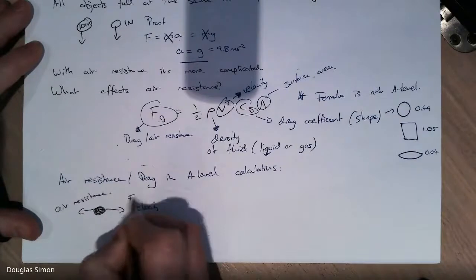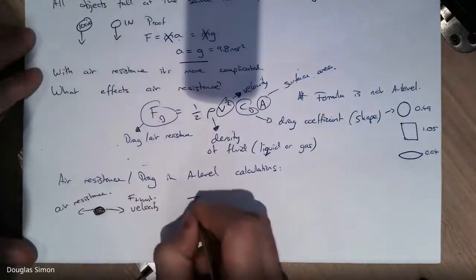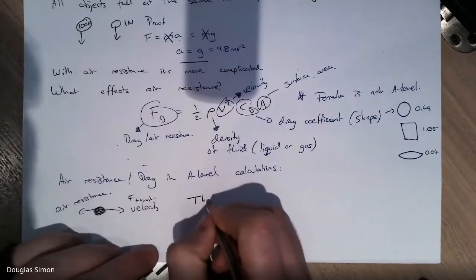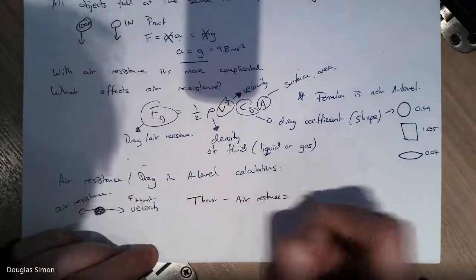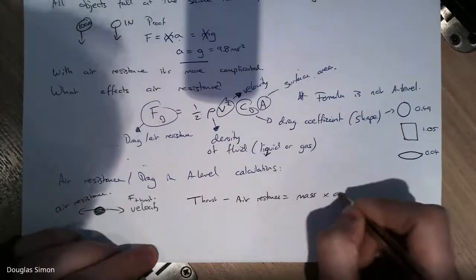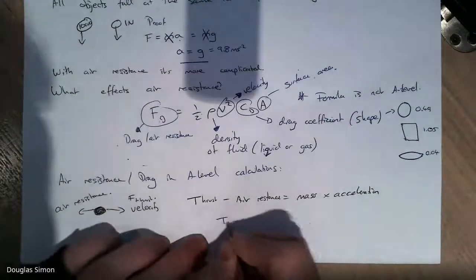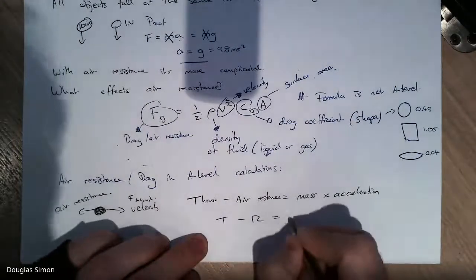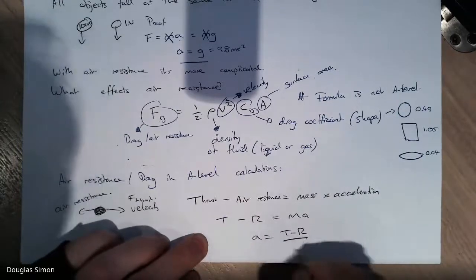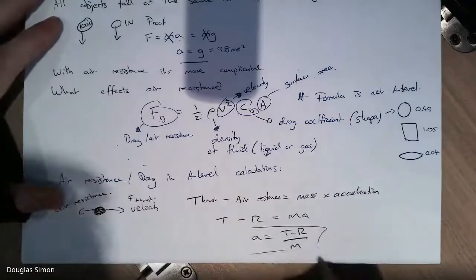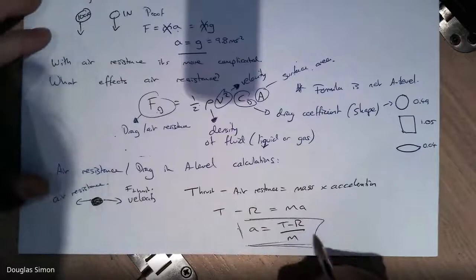So let's put thrust here. So it's really easy, okay? We would do something like the thrust minus the air resistance equals mass times acceleration, just like we were looking at last lesson. So T minus R is ma, and then acceleration would be the resultant force over the mass. Okay, so it is relatively simple for us to calculate.